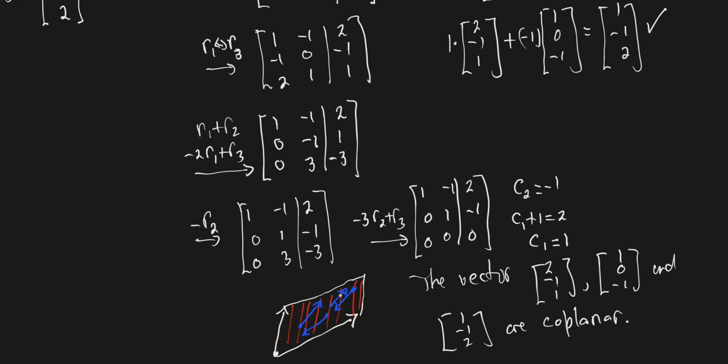What that means is I can always write any one of them as a linear combination of the other ones. In other words, this equation here, it's like I took this vector and isolated it. But I can use my vector algebra and isolate any of these vectors. I could isolate the 2, -1, 1, or I could isolate the 1, 0, -1, all meaning that each one is a linear combination of the other two.